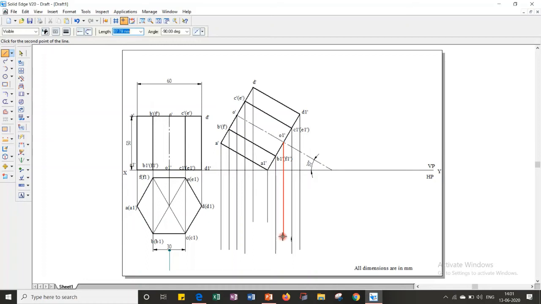Last line from point O1. Similarly, project horizontal line from every point. One more horizontal. Yes, I have completed all the horizontal lines as well. Now keep locating every point just like all the previous problems. This is the vertical line from A and horizontal line from A.